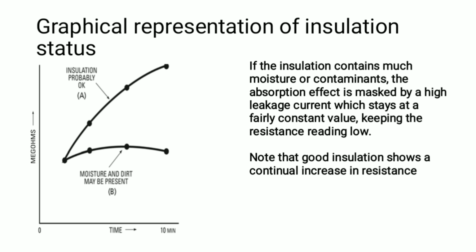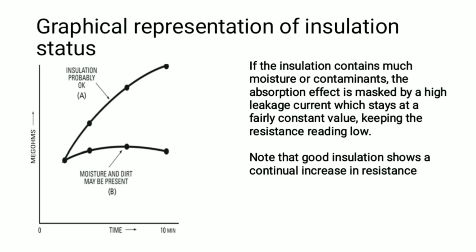Now if you see the graph of insulation resistance versus time, there are two graphs. The first is when moisture and dirt are present, and the upper one is when the insulation is good. In the good insulation graph, initially the capacitive current is high and then it drops, and then the absorption current is high and then it drops, as no dirt and moisture is accumulated on the insulation.